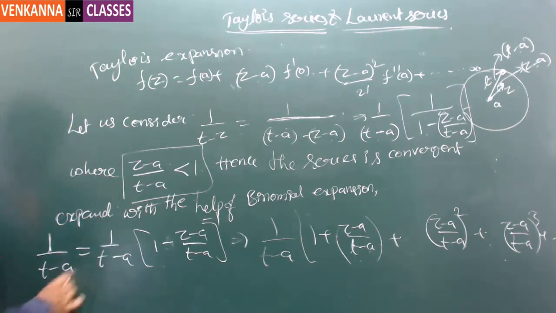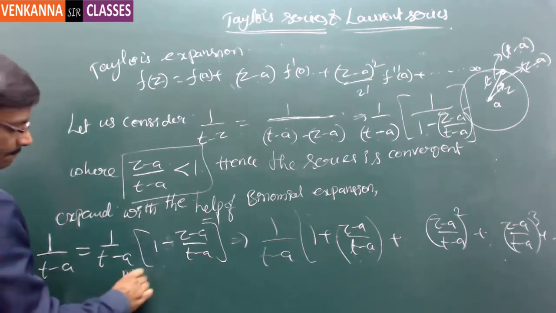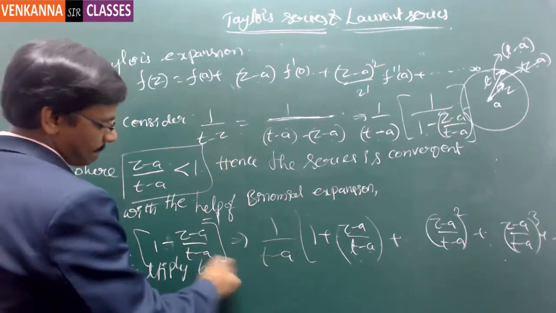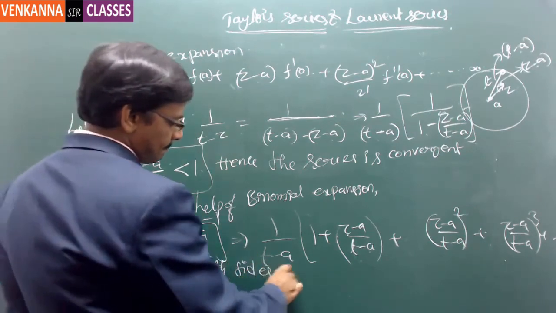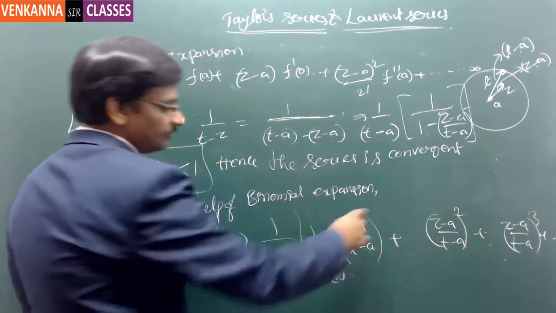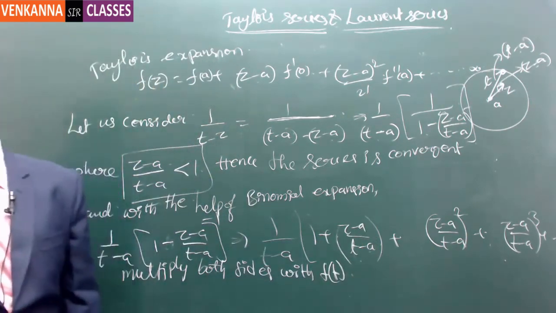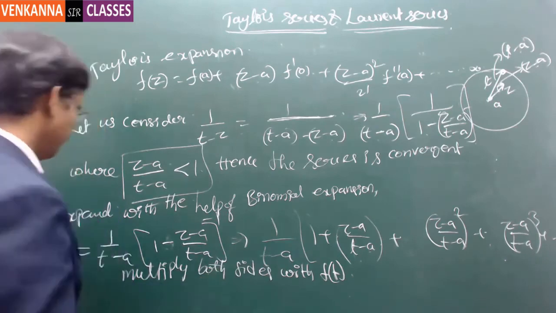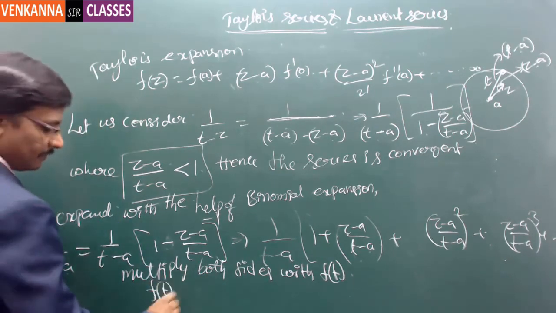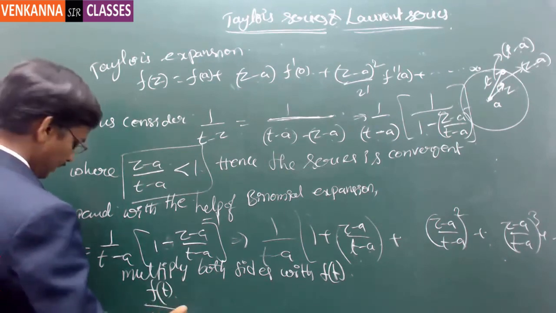Now multiply both sides with f of t, because this is a function of t. If you multiply both sides with f of t, then on this side, 1 by t minus a gets multiplied by f of t.